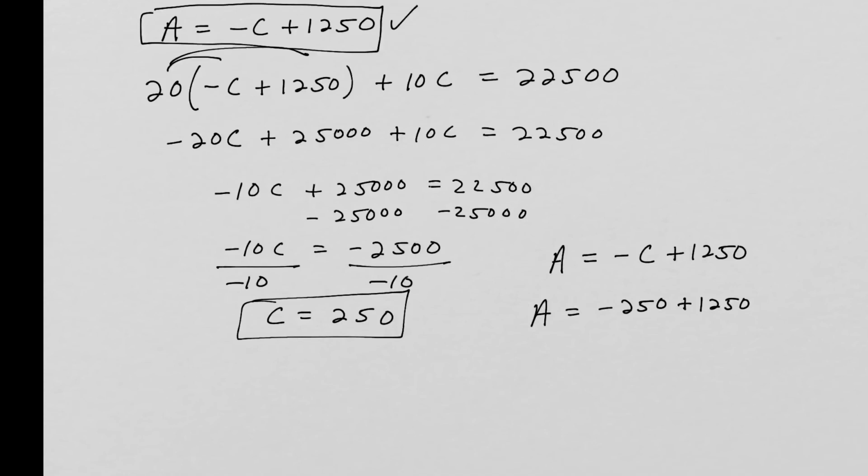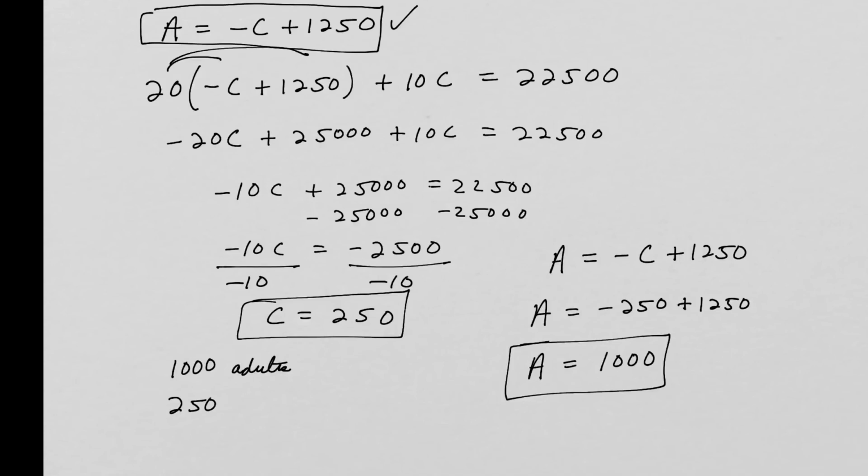That's just 1,000, right? So I guess A is equal to 1,000. And we have our answer because remember, A represented the number of adults. So there were 1,000 adults that attended this conference. And C was the number of children. So there's 250 children. So that would be our answer.